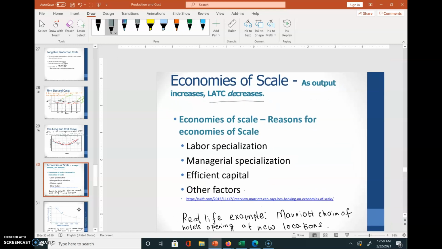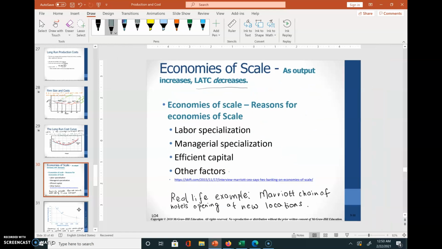And this happens because of labor specialization, managerial specialization, efficient use of capital, and we might have other factors like learning by doing activities.